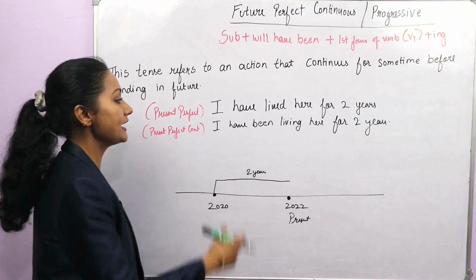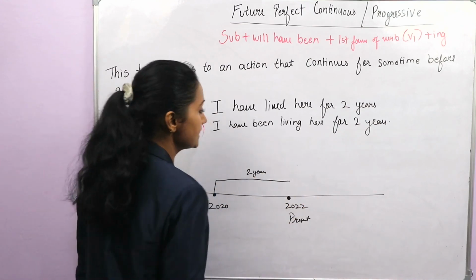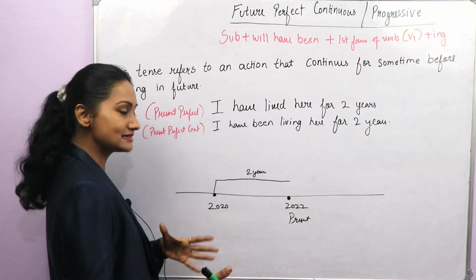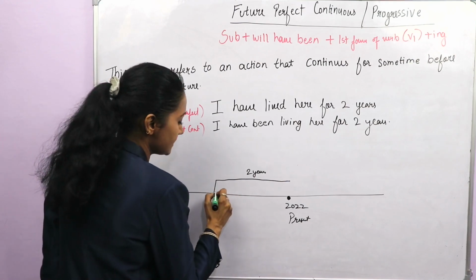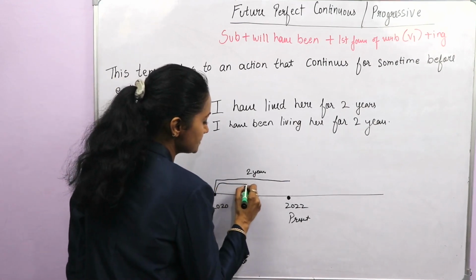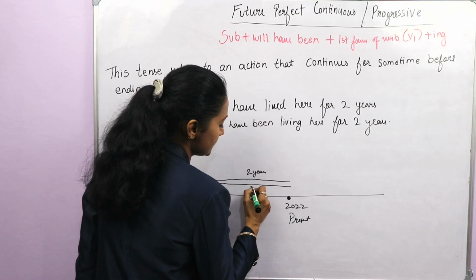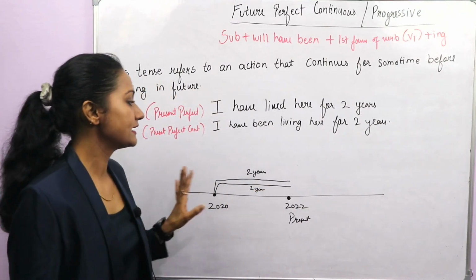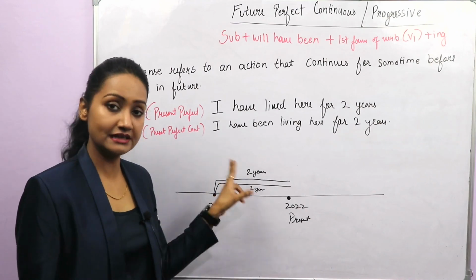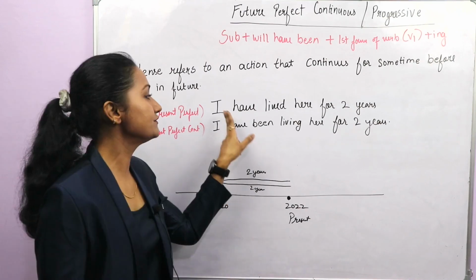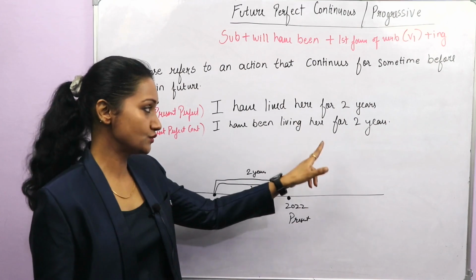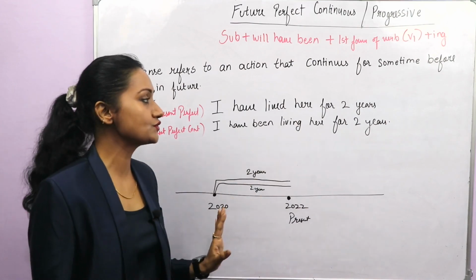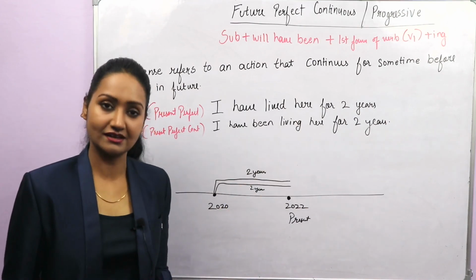Now second, I have been living here for 2 years. So that means an action started in past and again continues till present and the duration is 2 years, okay? So both the sentences have the same meaning here in this situation, okay? If you say I have lived here for 2 years or I have been living here for 2 years, it has the same meaning, okay?